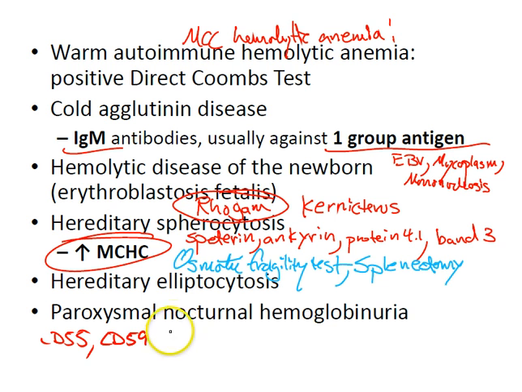Now the corresponding gene is PIGA, and that stands for phosphatidylinositol-glycan class A on the X chromosome. So what CD55 and CD59 do is they inactivate complement. See the problem? So the GPI anchor deficiency leads to complement-mediated hemolysis.